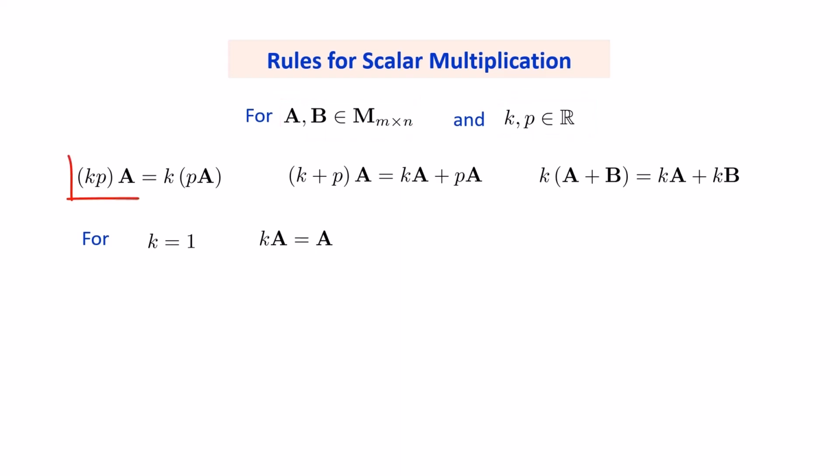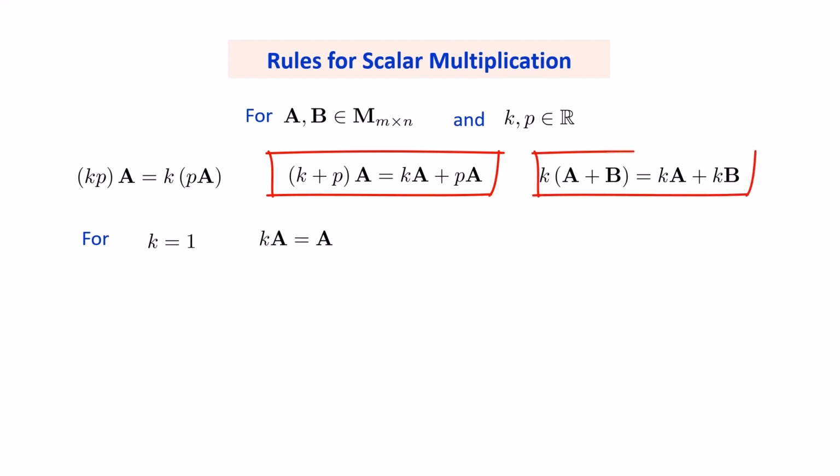Multiplication of KP with A is same as multiplication of K with PA. Multiplication is also distributive such that K plus P times A is equal to KA plus PA, and K times A plus B equals KA plus KB.